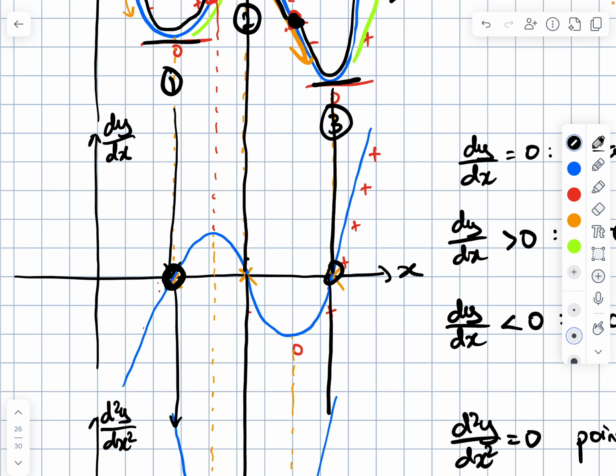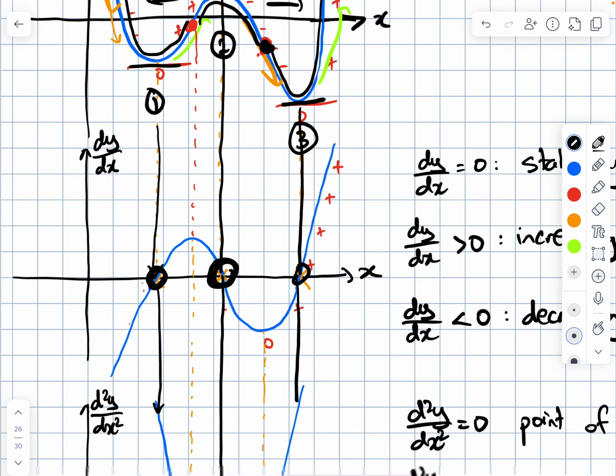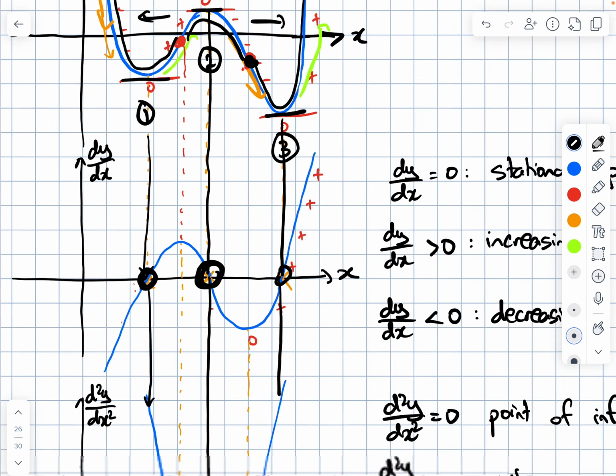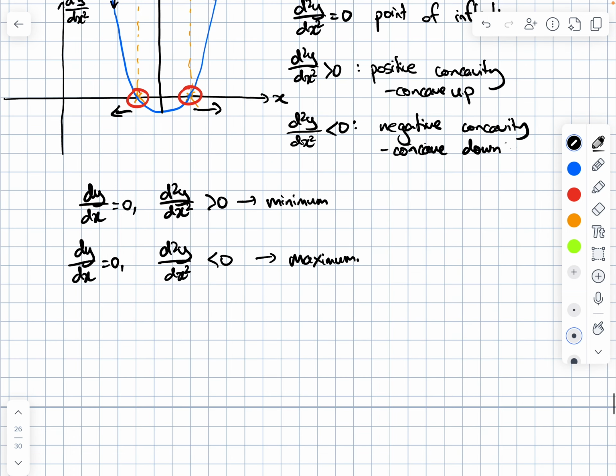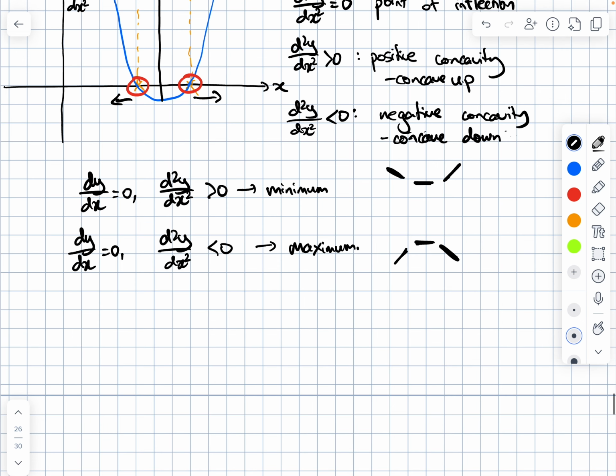That gives a minimum. And at our maximum, on the left-hand side of it, we have the gradient being positive, and on the right-hand side, we have the gradient being negative. That gives a maximum. So you get a minimum when your gradient at the stationary point is 0, and before it is negative, and after it is positive. And a maximum, when your gradient is 0, before it you have a positive gradient, and after you have a negative gradient. We're going to look at examples and use both of these methods to find the nature of the root.